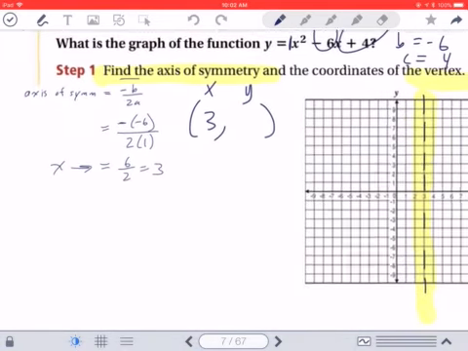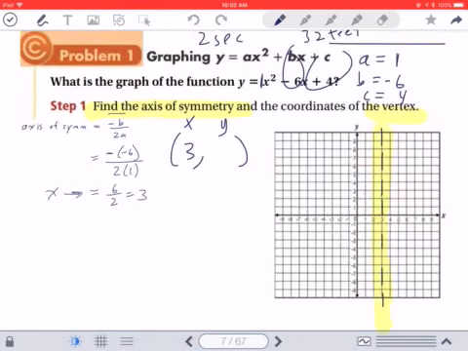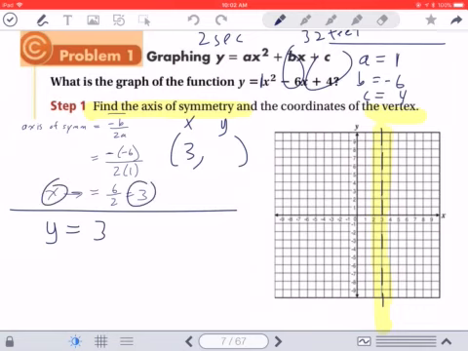So I have 3, and I would plug in 3 back into the function. So to find my y value, I would do y equals, anywhere I see an x, this is 3 right here, I would plug in 3. So it's 3 squared minus 6 times 3 plus 4.